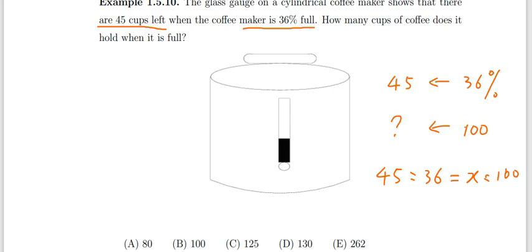So x is this multiplied by this equals this multiplied by this. We just use this way, right? So easy, yeah.